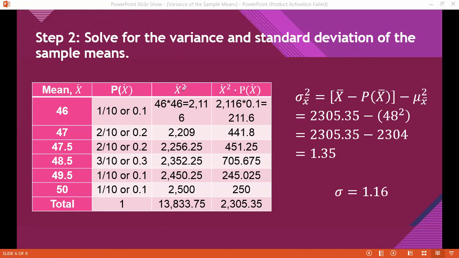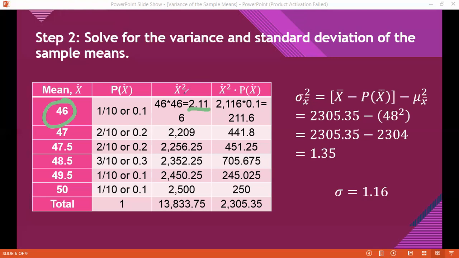How am I able to get all these numbers? First, for the third column, 46 squared, so that is 46 times 46 is equal to 2,116. Same process for all of them.